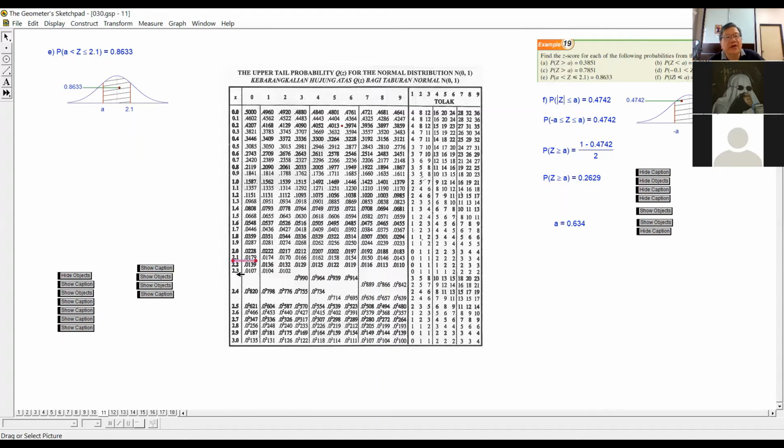Here it's shown already. This is the probability. So the probability of Z greater than 2.1 is 0.0179.